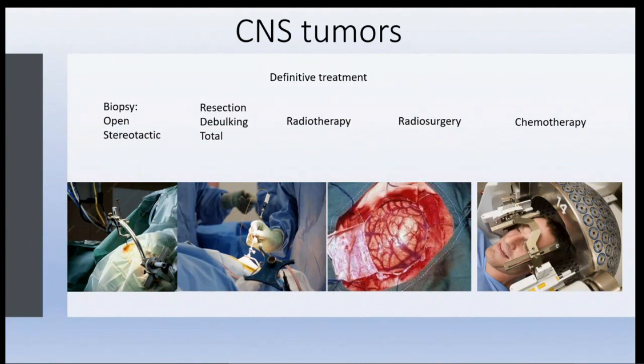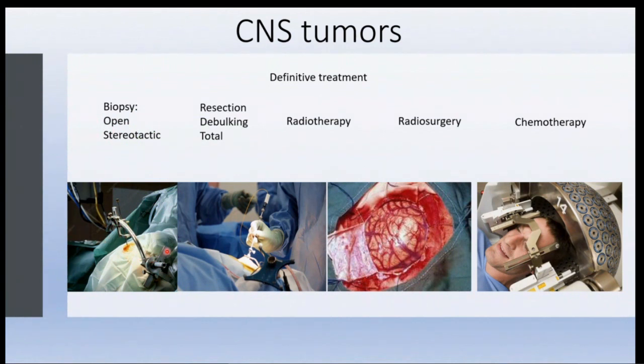So what we do for these patients, either we do a biopsy, and the biopsy can be open, so we do a mini craniotomy and we open, or it is stereotactic, and the stereotactic is either frame, so this is the frame.